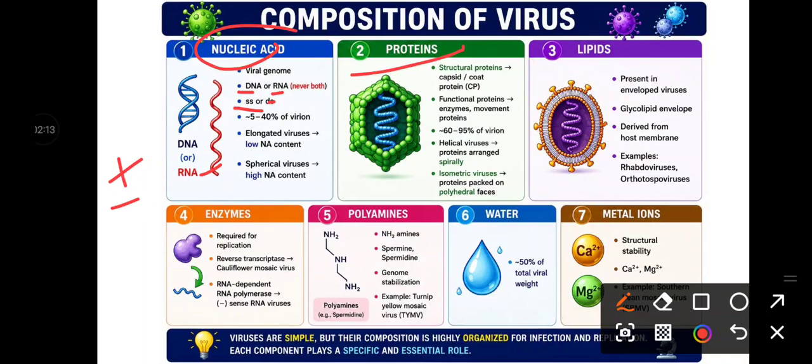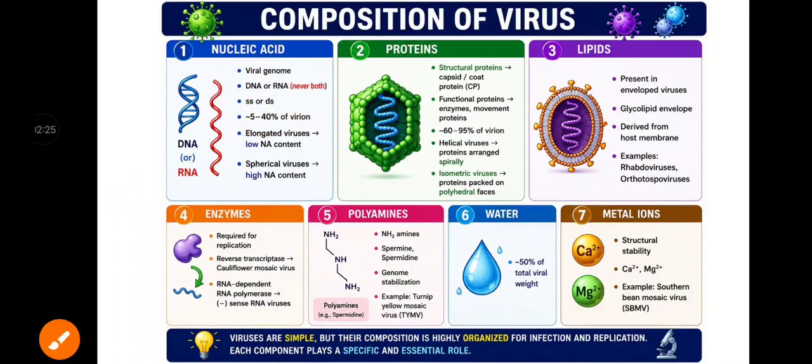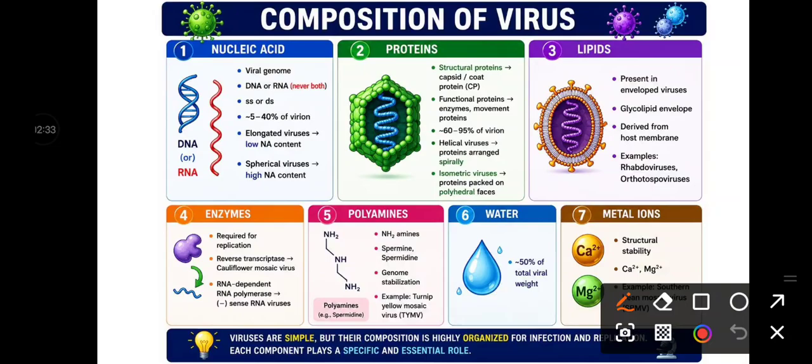Then the percentage of nucleic acid present. Around 5 to 40% of nucleic acid is present in the viruses. Generally, the elongated viruses contain a low amount of nucleic acid, and the spherical viruses contain a high amount of nucleic acid. This is generally asked in the ASRB NET question for MCQ based.